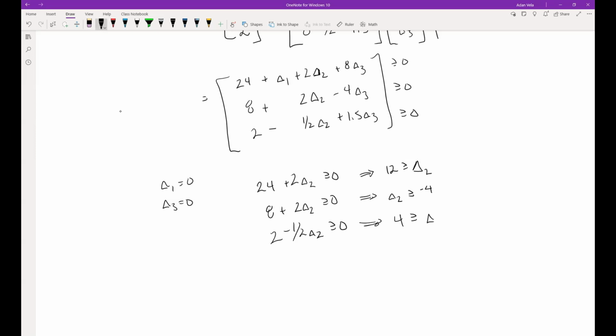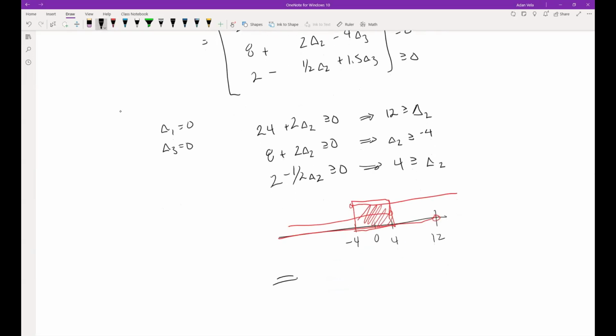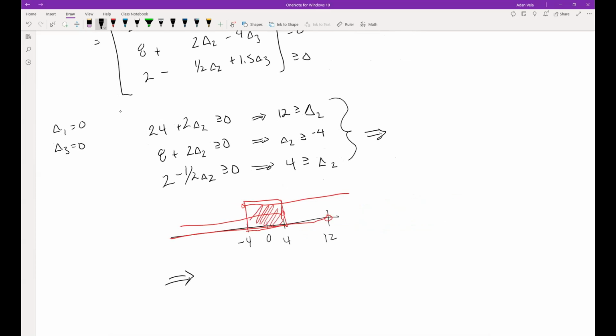Okay, so again, if we want to draw this on the number line, we have 12, 4, let's say 0, and -4. All right, so delta 2 has to be less than 12. Delta 2 has to be less than 4. But at the same time, delta 2 has to be greater than -4. And so the only area that satisfies all three of those constraints is that delta 2 has to be between 4 and -4.